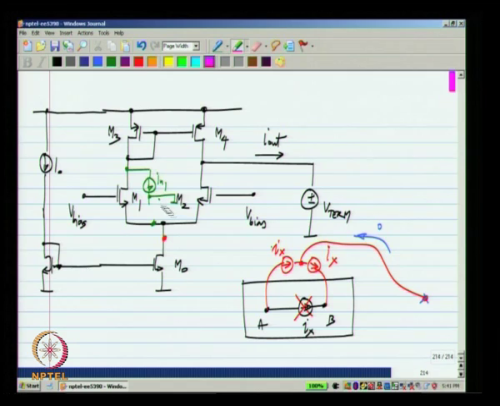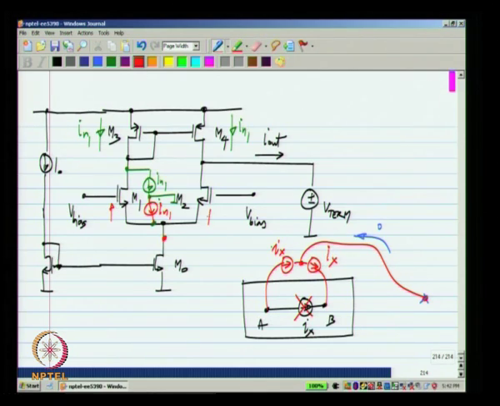So, let me put them in different colors just for clarity. IN1. What will happen due to the upper IN1? All of it will flow into M3 and get mirrored into M4. And what will happen due to the lower IN1?